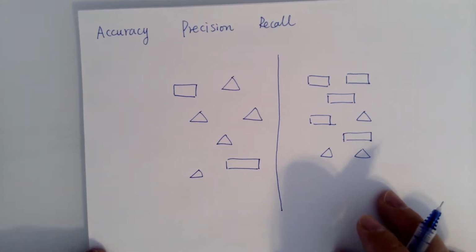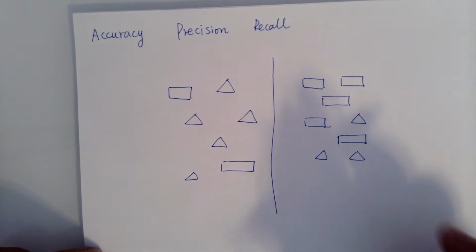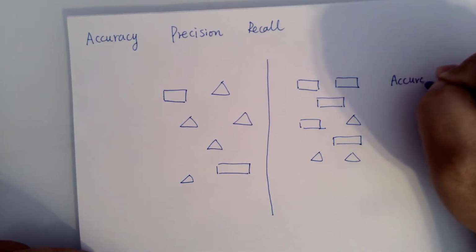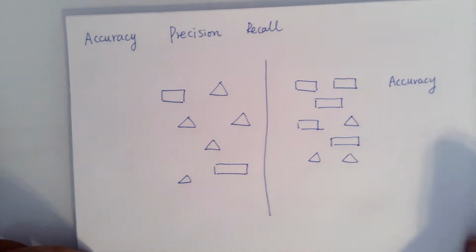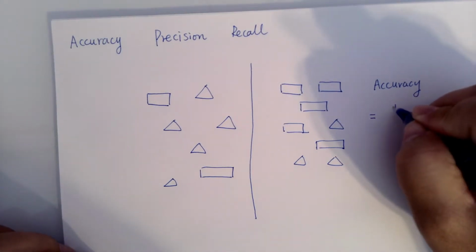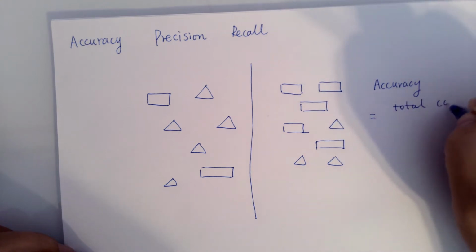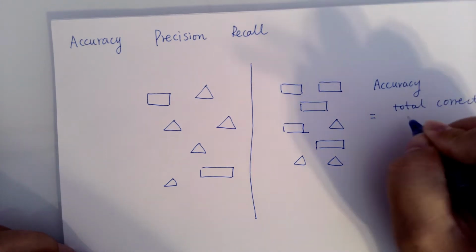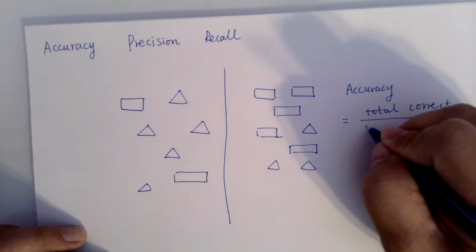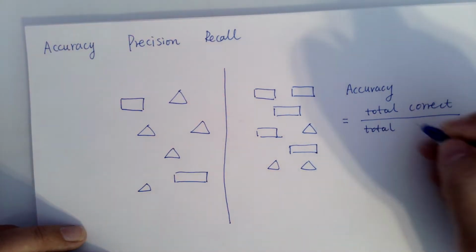So the first concept is accuracy. It is calculated by the total correct over the total observations.